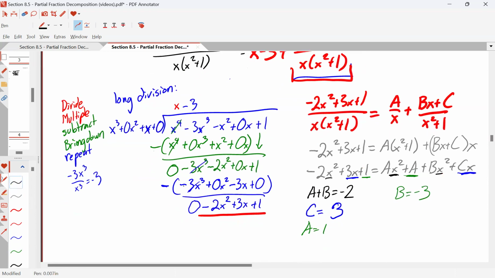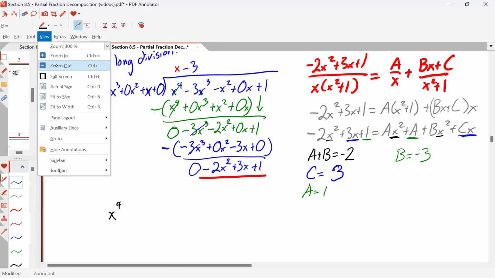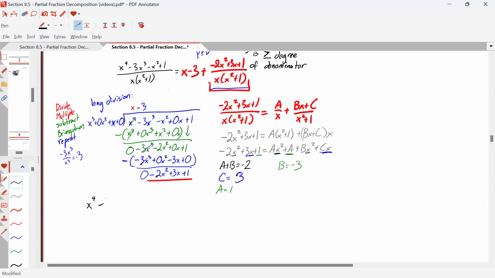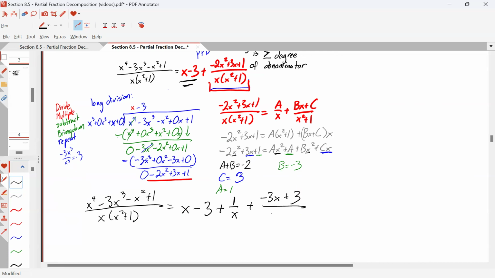That tells us x to the 4th minus 3x cubed minus x squared plus 1 all over x times x squared plus 1 is equal to x minus 3 plus A over x, 1 over x, plus Bx plus C all over x squared plus 1.